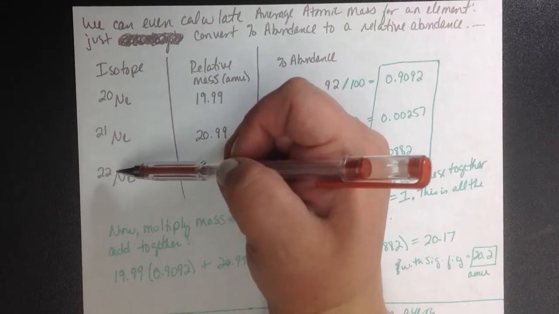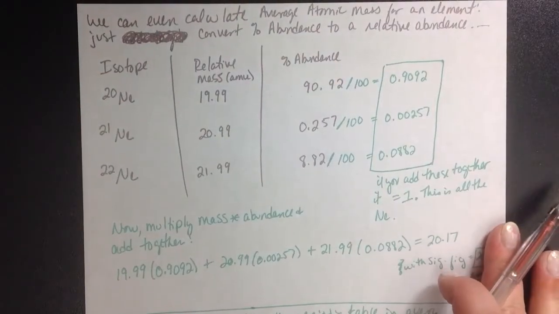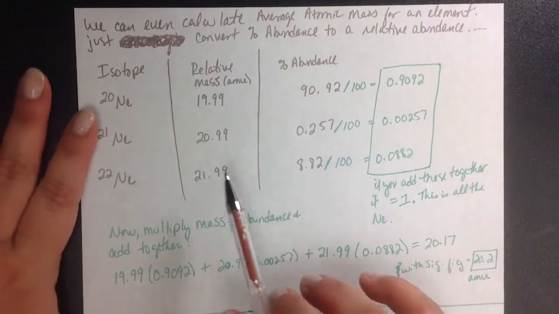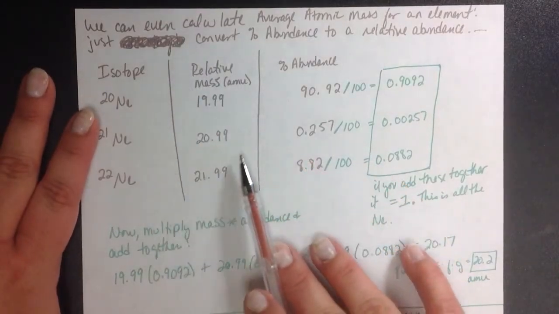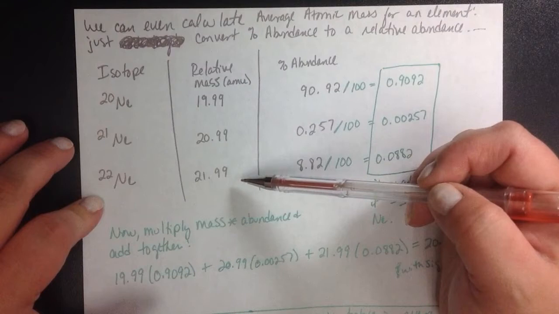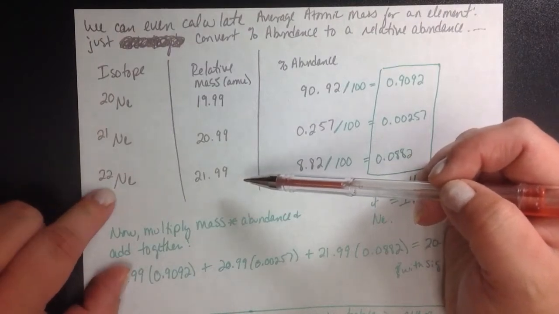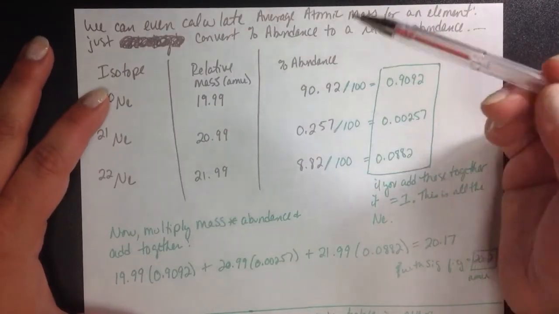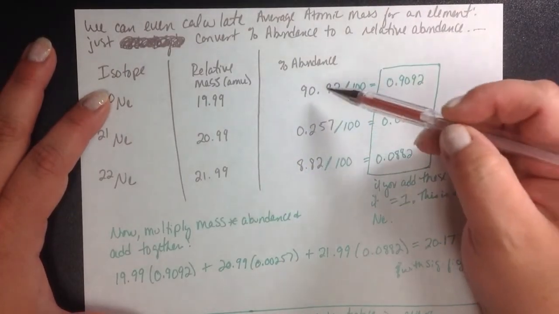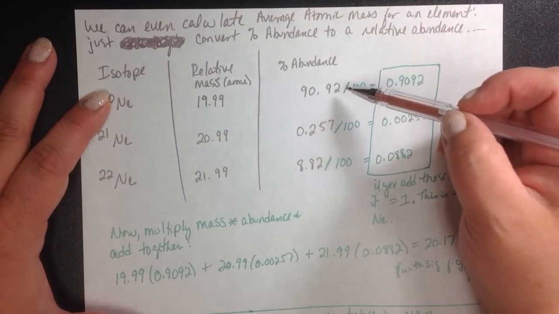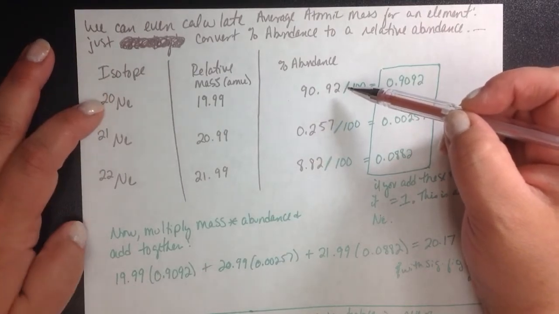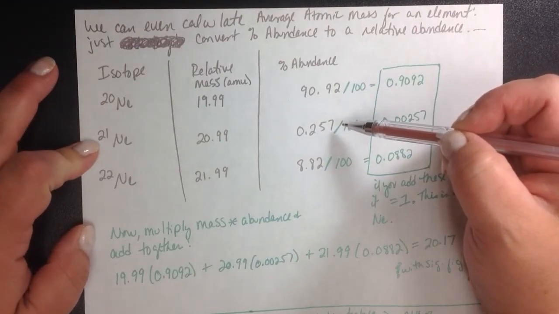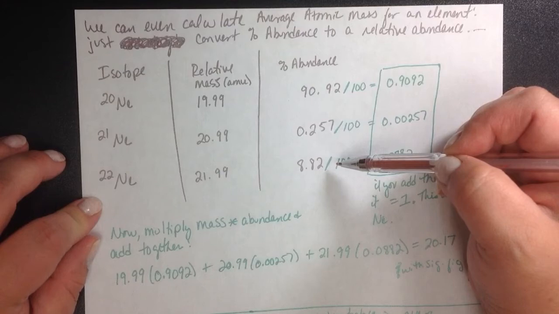If we wanted to determine what the overall average mass was for all of neon, we have to look at their mass in AMU and see how those are different. They differ by 1 because that's going to be an extra neutron in each of those. Remember, protons stay the same. And we look at what their abundance is. So this is their percent abundance. So 90.92% of the time, neon is in this form. 0.25% of the time, neon's in this form. 8.82% of the time, it's in this form.